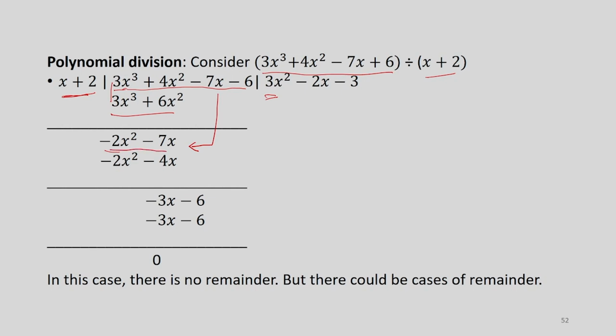Now, again with the same strategy, I will try to find out that factor which, if multiplied with x, gives me minus 2x square, and that term is minus 2x.